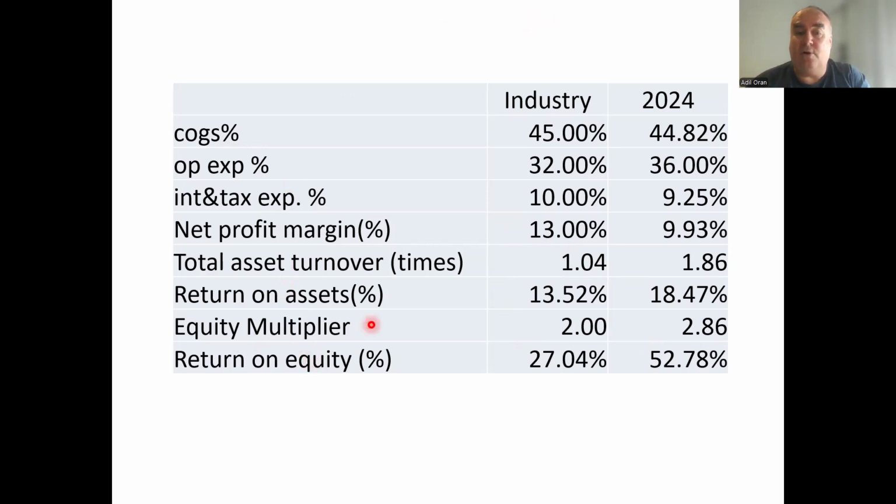But when the equity multiplier is high, this has a big kind of magnifying or multiplying effect, but it comes with a cost. What is that cost? Well, the more debt you use, you are increasing the probability, the chance of going bankrupt.